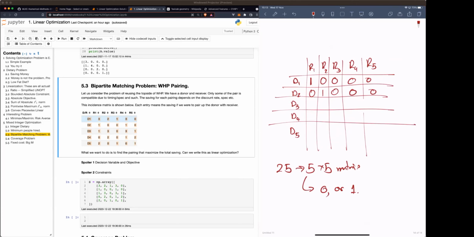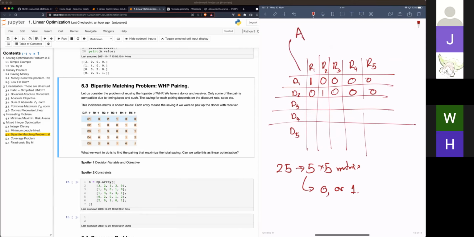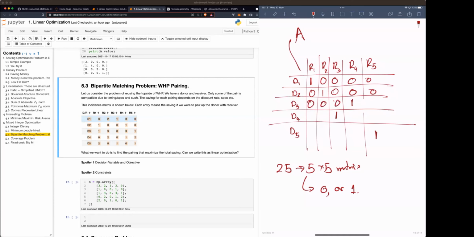Let's call this matrix A, because I like to call matrix A. Is everyone good? If you see this matrix, you know right away who I give the kidney to. So this is going to be your decision variable.